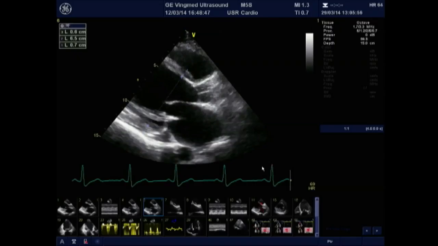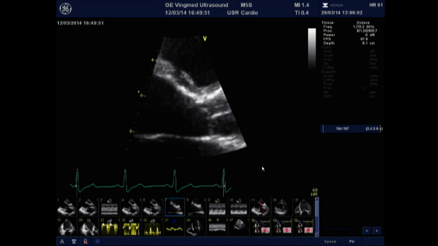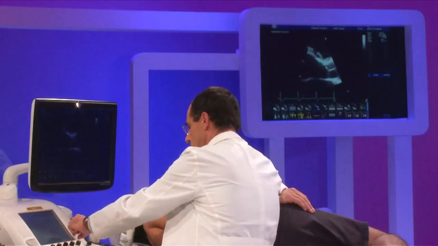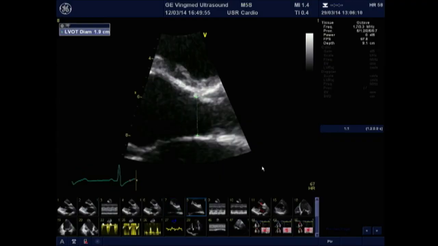Also, you can confirm that LV walls are not thickened. There is no LV hypertrophy. The next step is to assess the left ventricular outflow tract for further measurements later, and you can see how we should measure the LV outflow tract diameter.